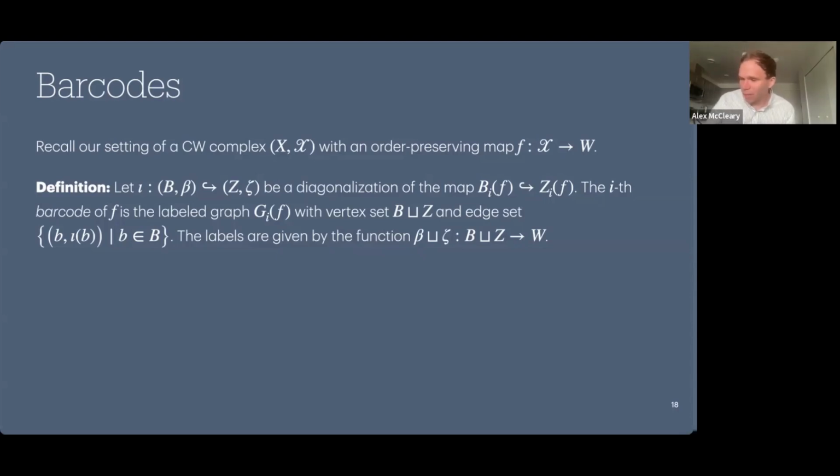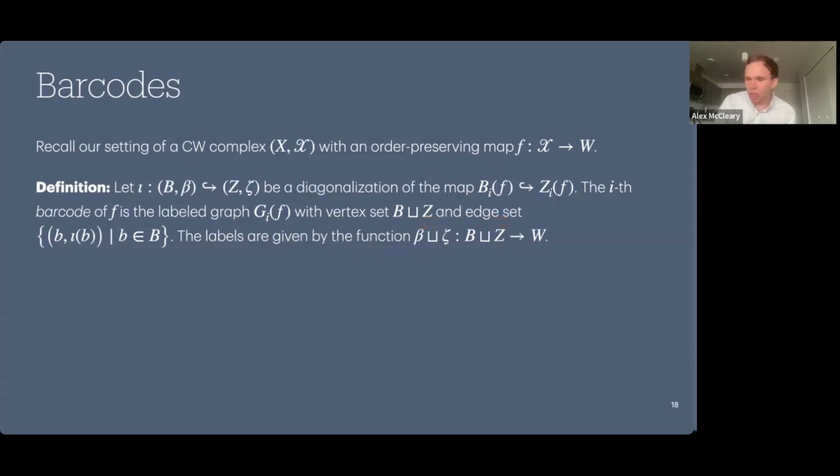From this, we can define the ith barcode of F as a labeled graph. We'll use the notation G_i of F, G for graph. The vertex set is going to be B disjoint union Z. Here B is a basis for the boundary space, and Z is a basis for the cycle space.